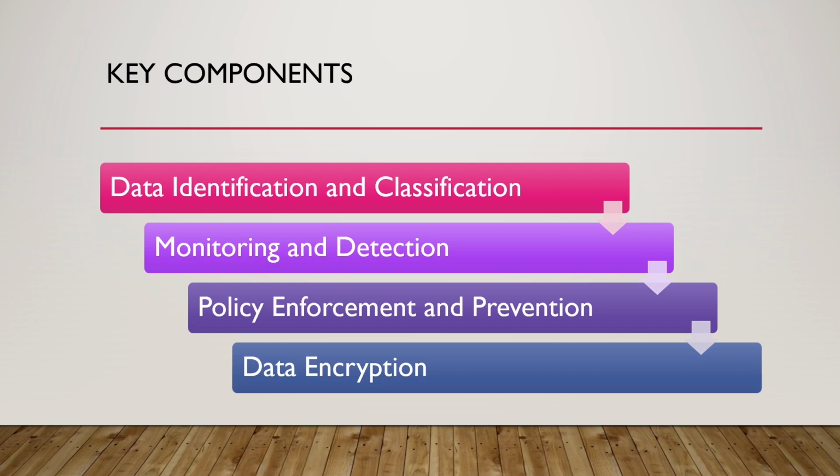So there's a few different key components to DLP. The first component will be data identification and classification. We need to classify all our data before we can even install a DLP, mainly because, well, how do we know what protections to put against the data? Once we know that, we can then go to monitoring and detection.